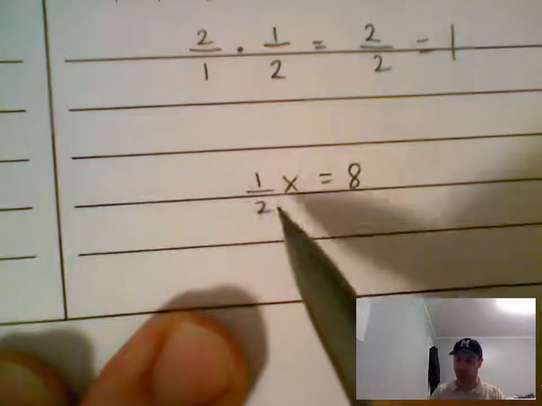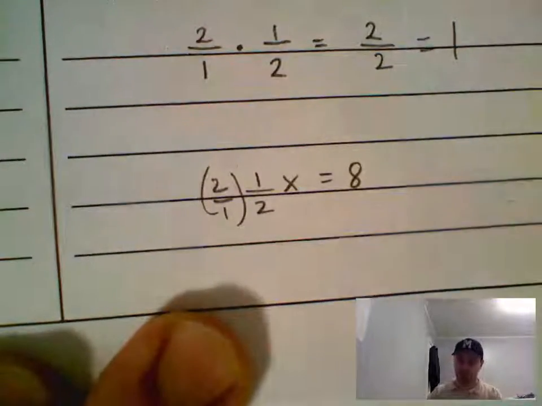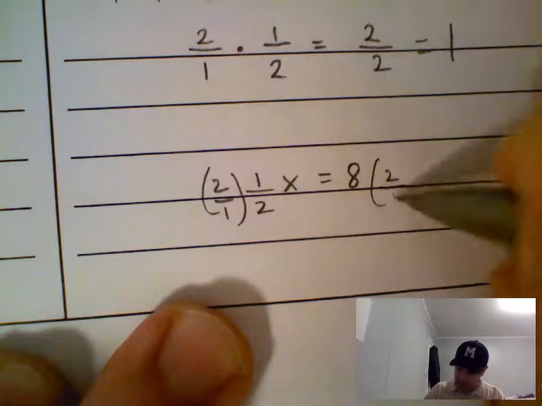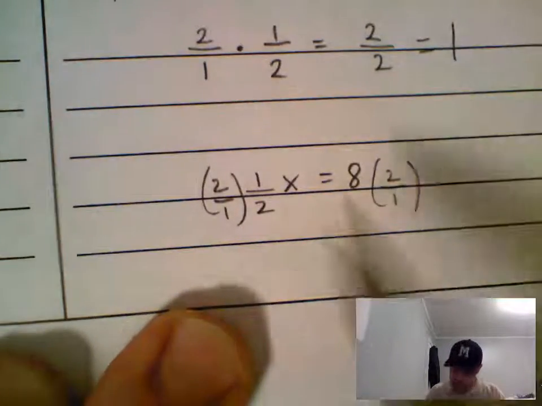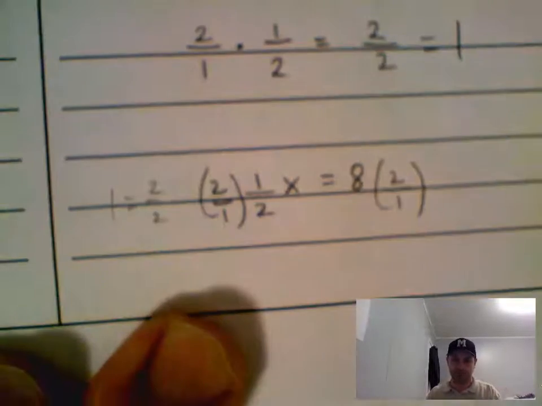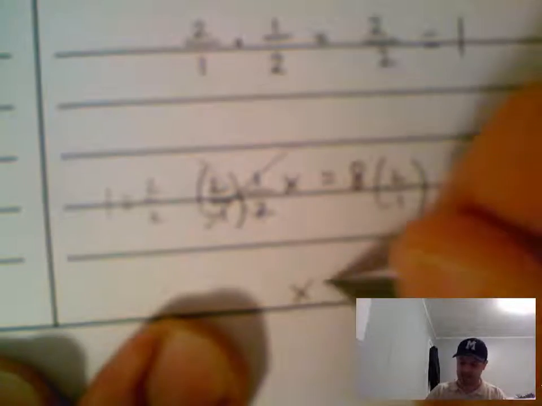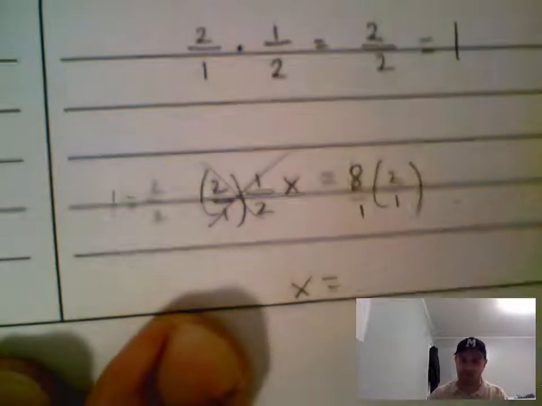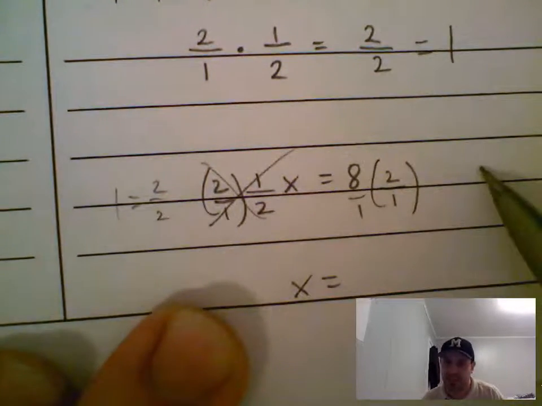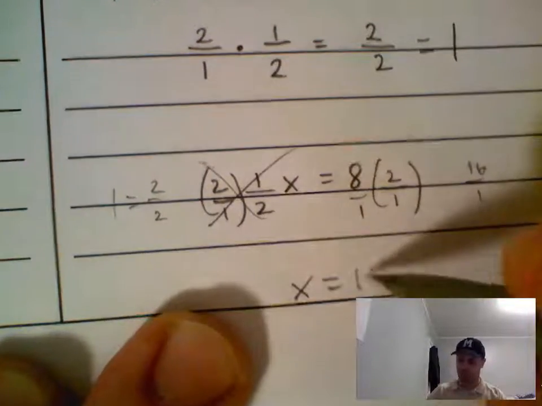So to get rid of this 1/2 times x, I can multiply it by what we call the reciprocal. If I do that to one side, I have to do it to the other. So 1 times 2 is 2, 2 times 1 is 2, so over here we have 2 over 2 or 1. A lot of teachers will cross this off. So we have 1x, or just x, equals. On this side, 8 times 2 is 16 on the top, and 1 times 1 is 1 on the bottom. So that's 16 over 1, which is 16.